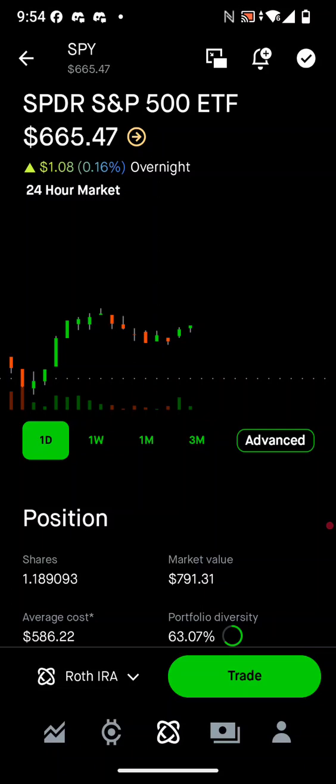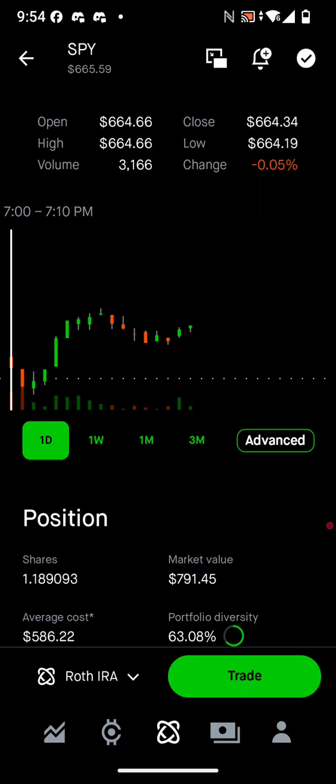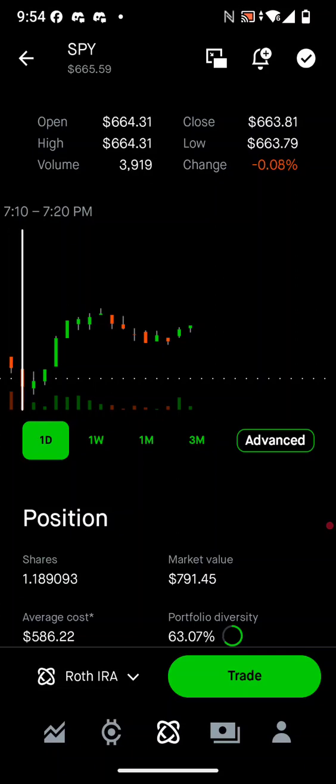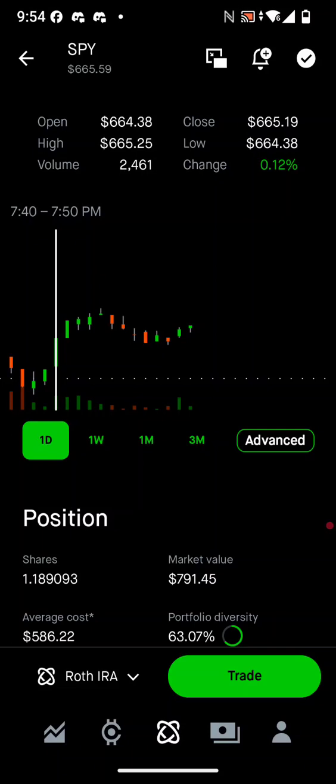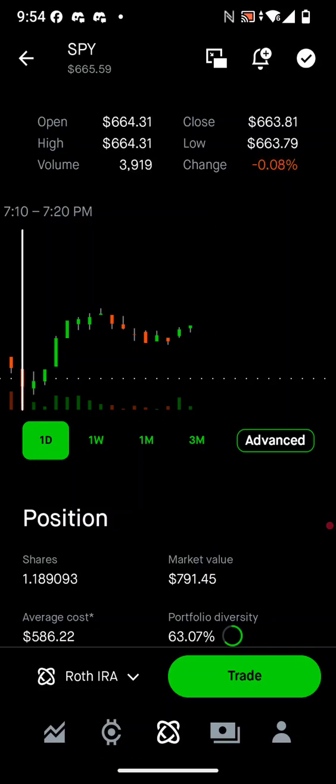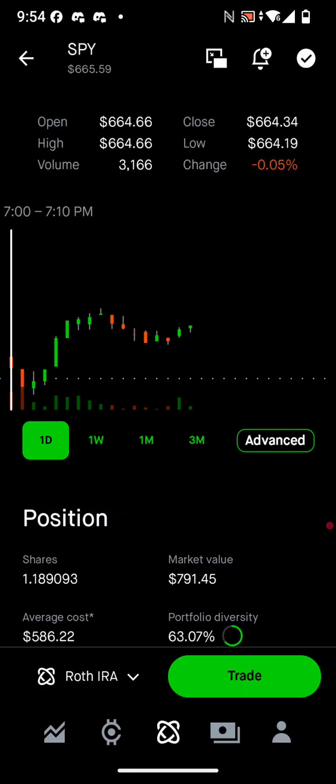So if you see a red candle, that means it closed lower than it opened. And a green candle means it closed higher than it opened. And the wicks coming out show you how low it went or how high it went for the day or for whatever range you're on.